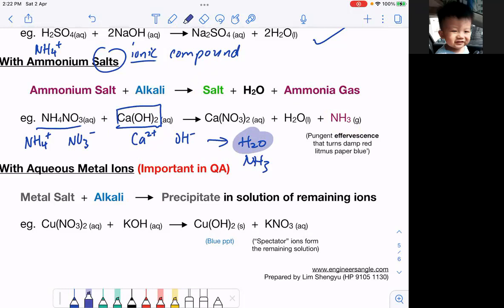The nitrogen. This is nitrate, got nitrogen inside. Which ion must be transformed into H2O?